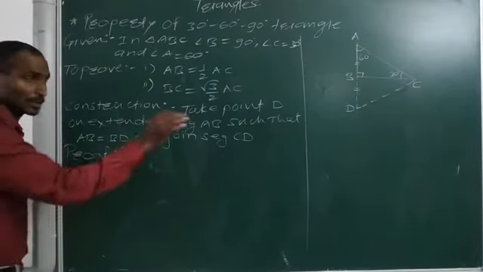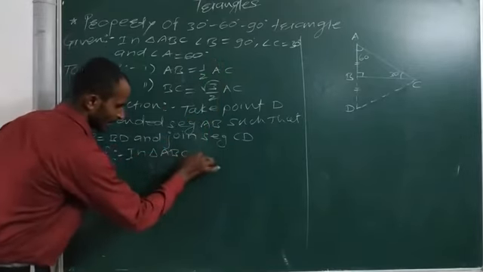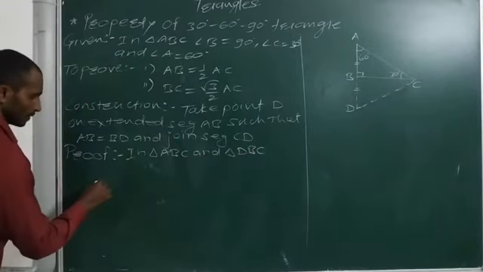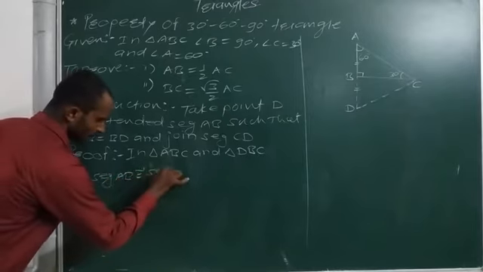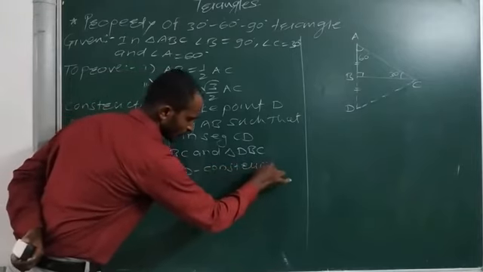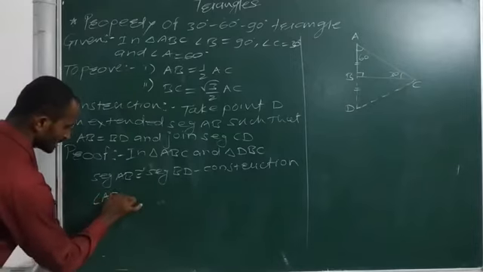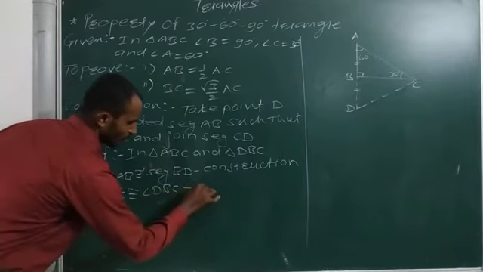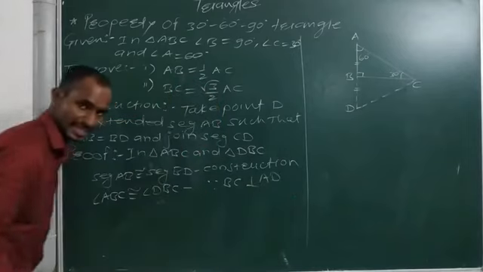So in the proof, first we have to prove the congruence. In triangle ABC and triangle DBC, in these two triangles, segment AB is congruent to segment BD by construction. Next, angle ABC is congruent to angle DBC, since BC is perpendicular to AD, it means each is 90 degree.